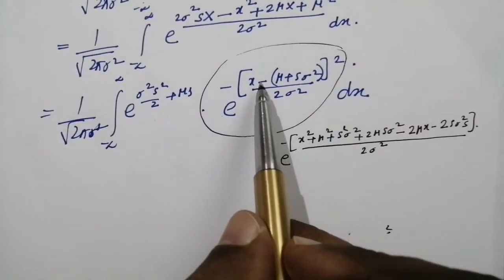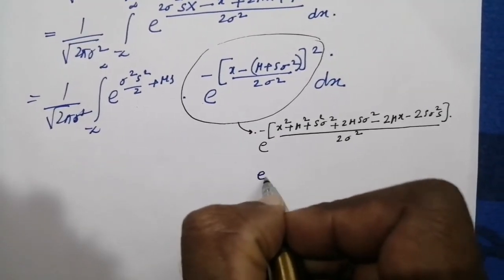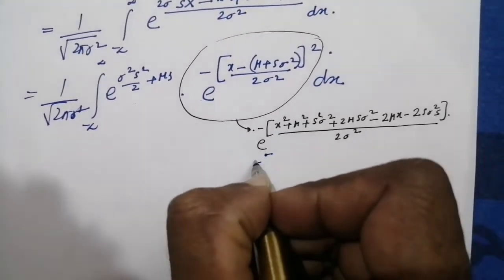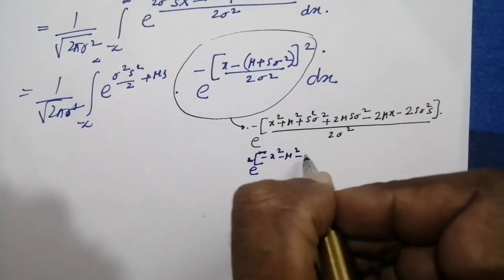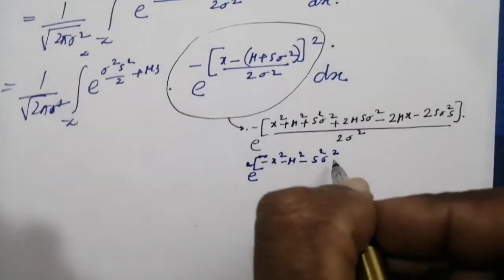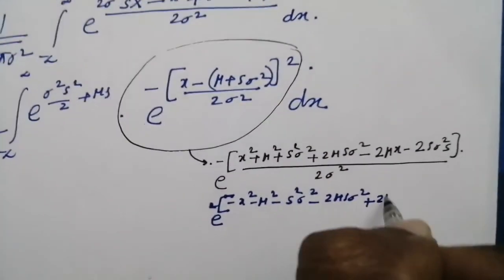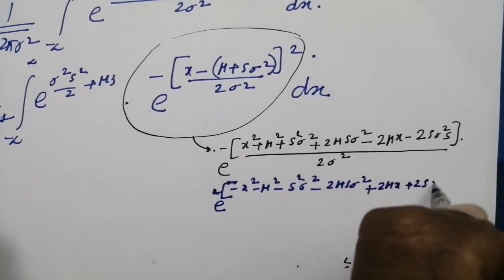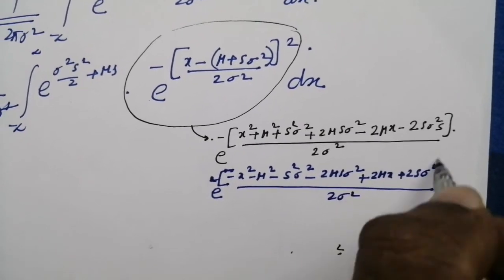So this term is already expanded like this. So this can be written as e raised to minus of x square plus mu square plus s square sigma square minus 2 mu s sigma square minus 2 mu x minus 2 s sigma square x, divided by 2 sigma square.